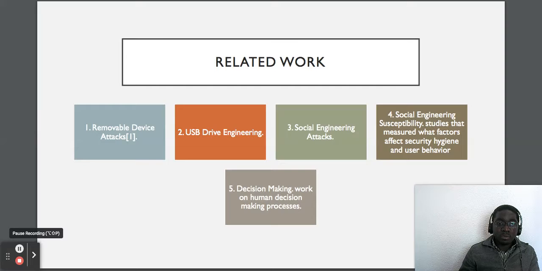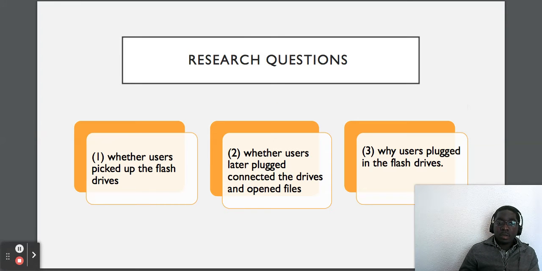But it's important to notice that in this study, the authors have actually been comparing the results with what had been found before. Now, the study revolves around 3 important questions. First of all, whether the users have actually picked up the USB key which was dropped.